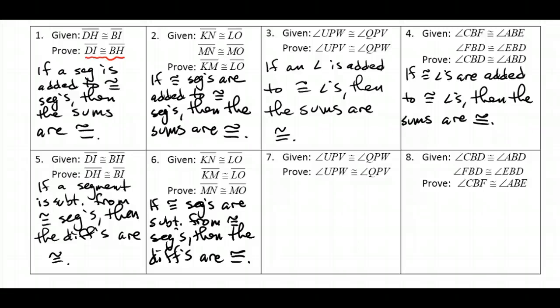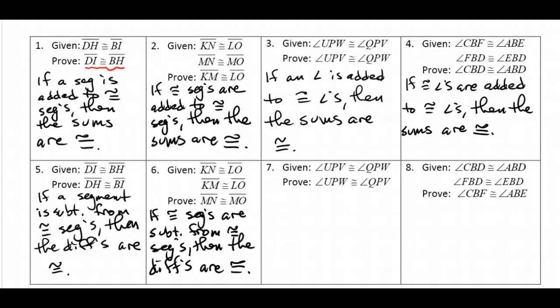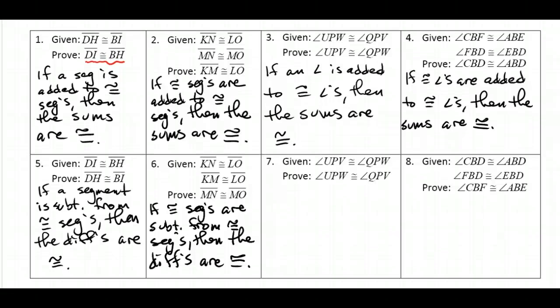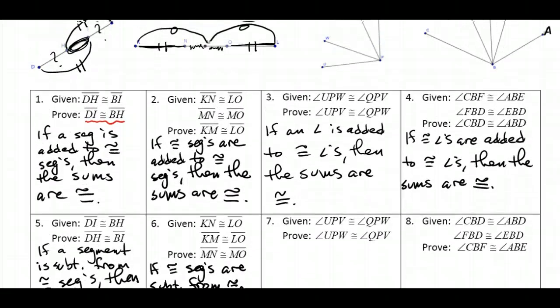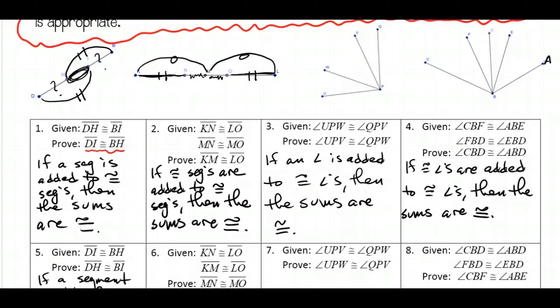If you've got some angles that overlap, you're probably going to subtract a single angle. And if you've got two sets of angles, you're probably going to add or subtract congruent angles to congruent angles or from congruent angles.